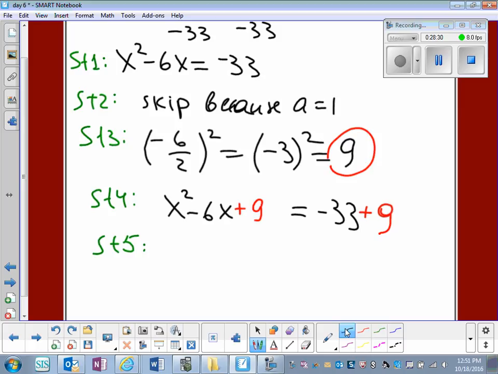You can help me with step number 5. Leah, what is step number 5? I need to factor this side, the left side, the trinomial, into the perfect square. We know by design it will be a perfect square.